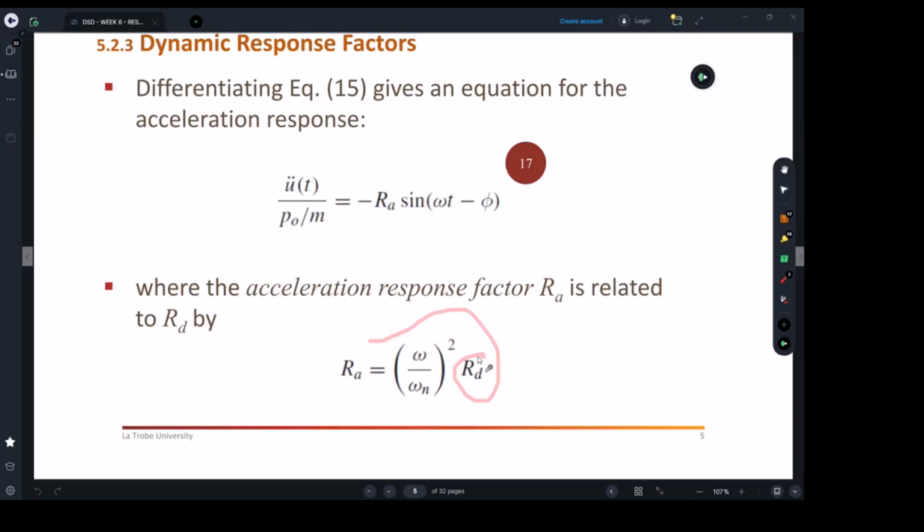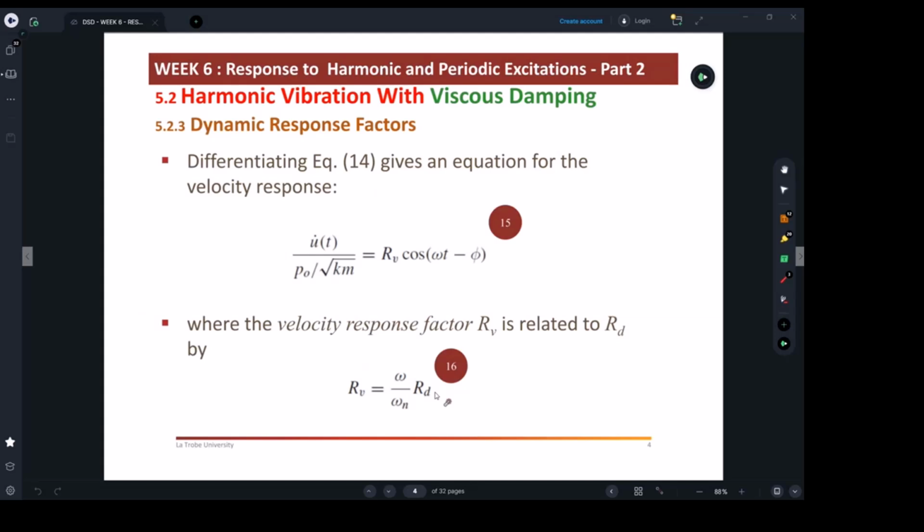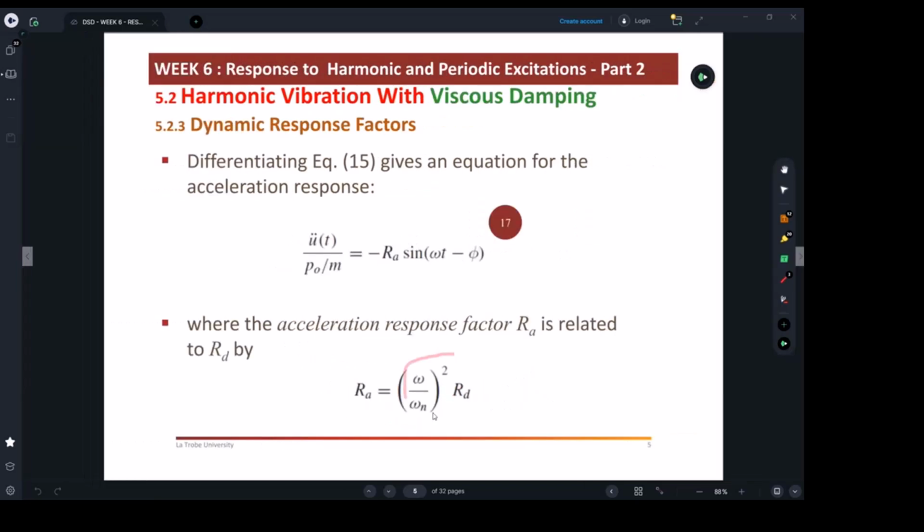And as you can see, it's just the power of 2 for the frequency ratio, forcing frequency over the natural frequency. Here it was just unpowered, and here it was powered to 2, which is coming from the differentiation.